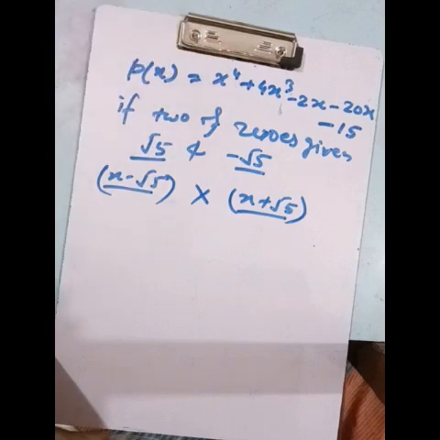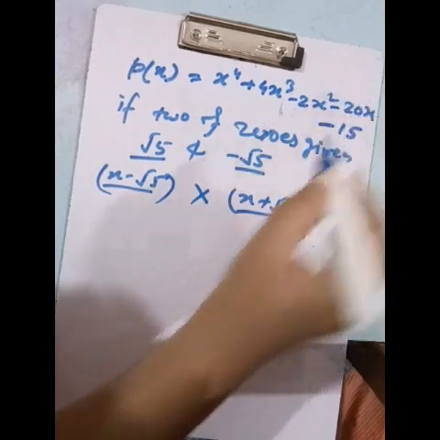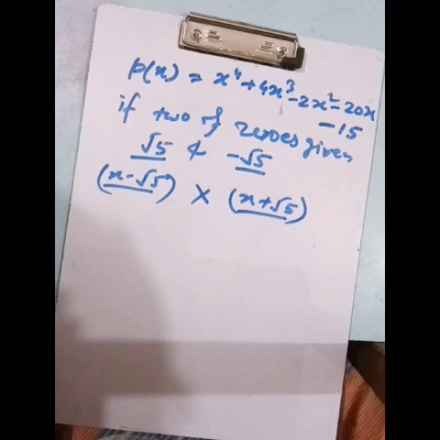Given p(x) is equal to x to the power 4 plus 4x cube minus 2x square minus 20x minus 15. So what will be the process of writing this?